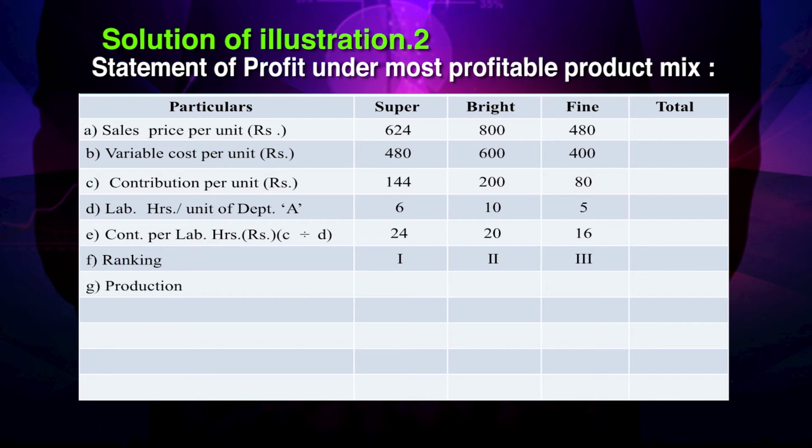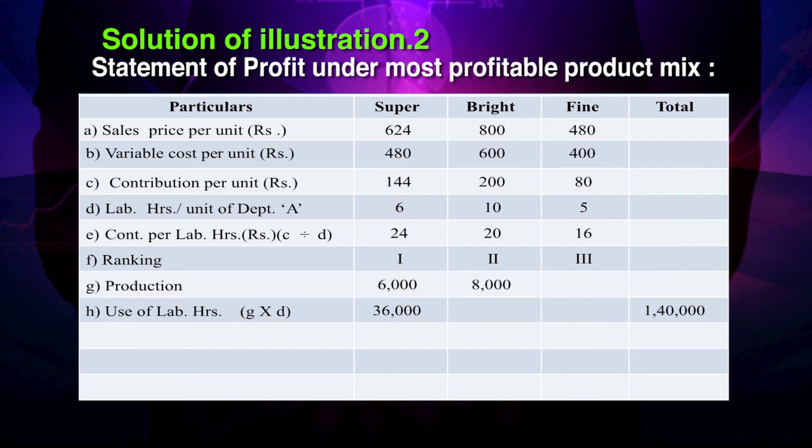Now, we switch to the production. As Super is a first rank product, we will manufacture the maximum demand, that is 6000 units. In order to make 6000 units, the use of labor hours of department A will be 36,000 out of a total available 1,40,000.